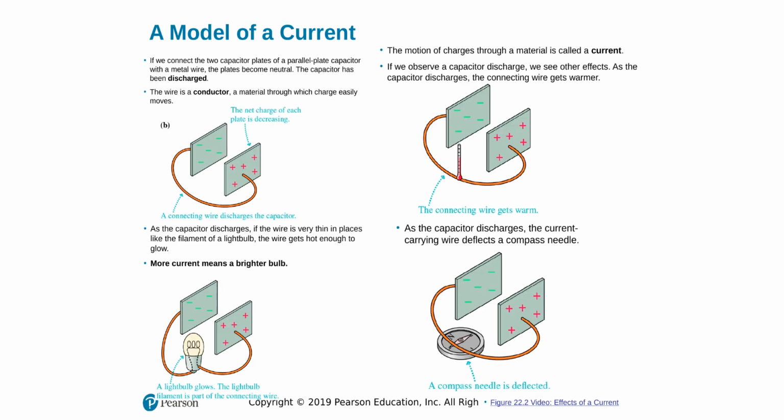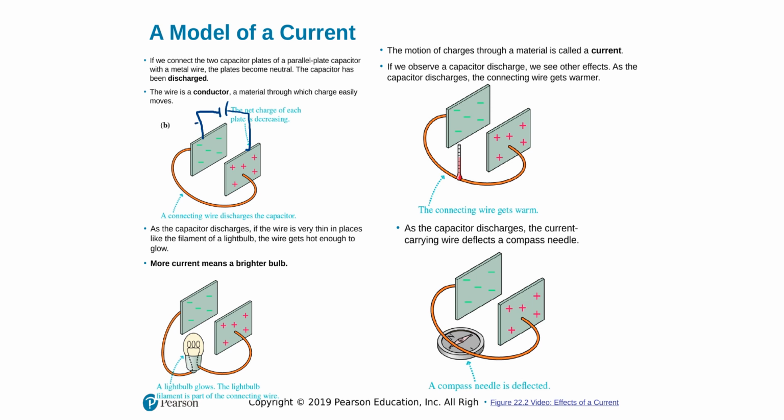So how do we model a current? We learned about capacitors, and how if we connect a capacitor to a battery or another power source, its plates charge. This figure is showing that.